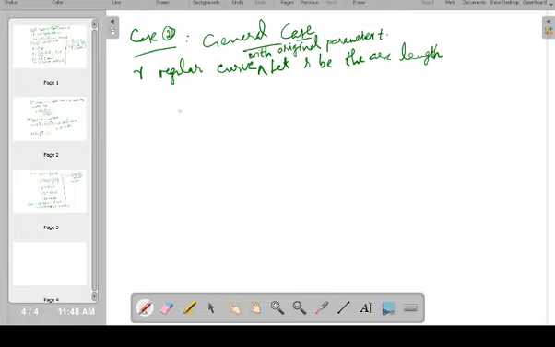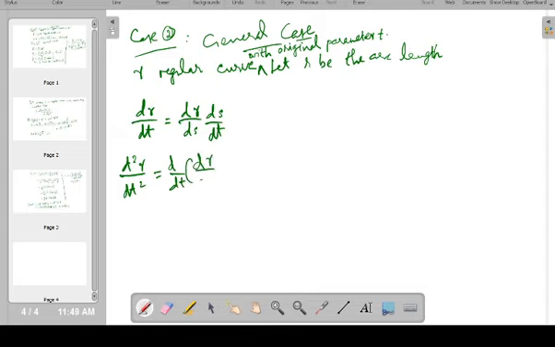So let us look at d gamma by dt. D gamma by dt is d gamma by ds into ds by dt. This is by the chain rule. Now let us look at d square gamma by dt square. That is, by definition, d by dt of d gamma by dt, and by chain rule this is d by ds of d gamma by dt into ds by dt.